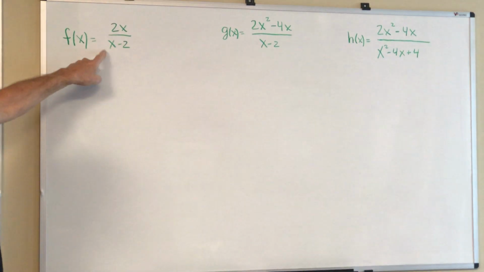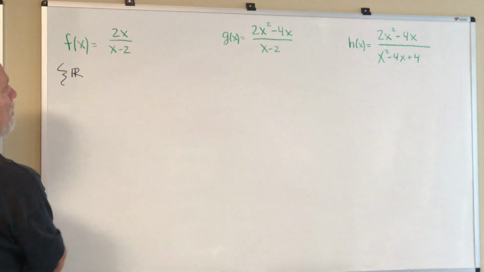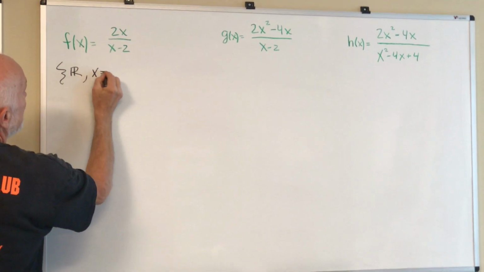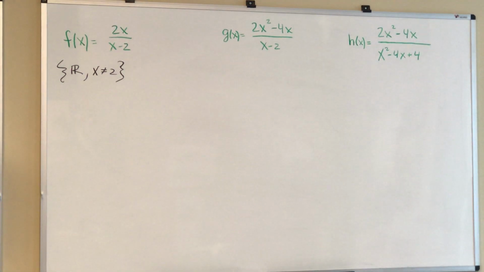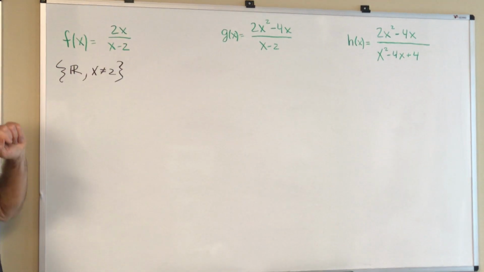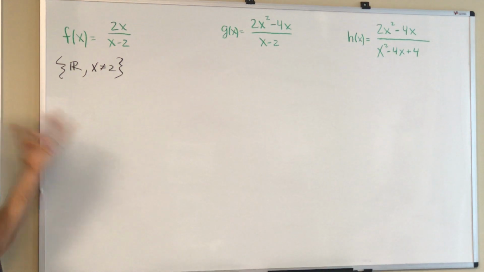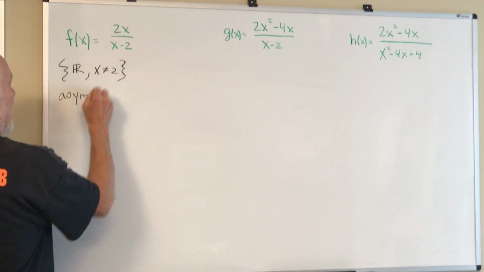So we know that this one is going to be continuous for all real numbers except for 2. Well, what's happening at x equals 2? We see the numerator is getting close to 4, and the denominator is getting close to 0. So again, we know we're going to have an asymptote.